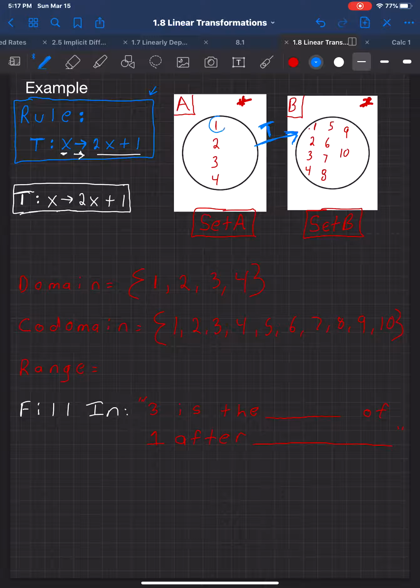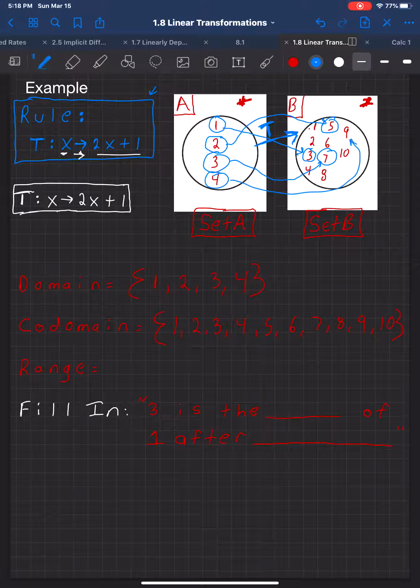If I input 1, 1 times 2 plus 1 is 3, so 1 maps to 3. If I input 2, 2 times 2 is 4, plus 1 is 5, so 2 maps to 5. 3 times 2 plus 1, I have 3 mapping to 7. And finally, 4 times 2 plus 1, I have 4 mapping to 9.